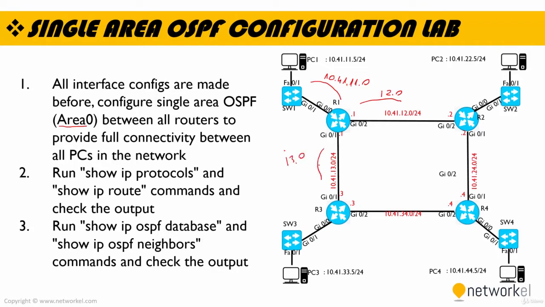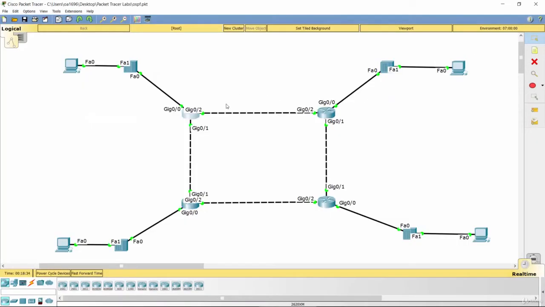But while making OSPF configuration, you don't really need to memorize this. We have a command which shows us which interfaces are related to which networks, and we are gonna advertise those networks. Okay, watch me first.